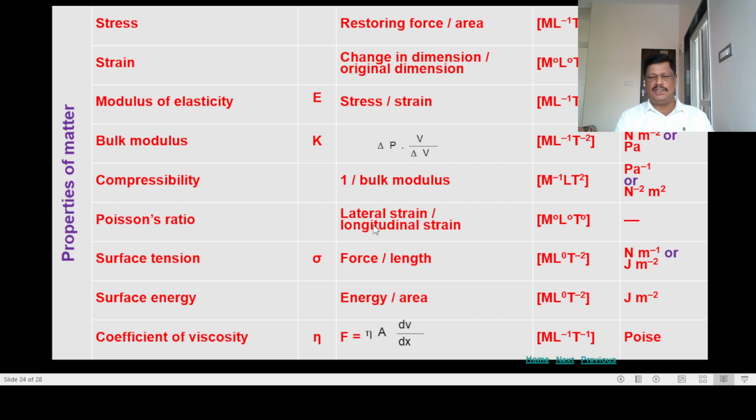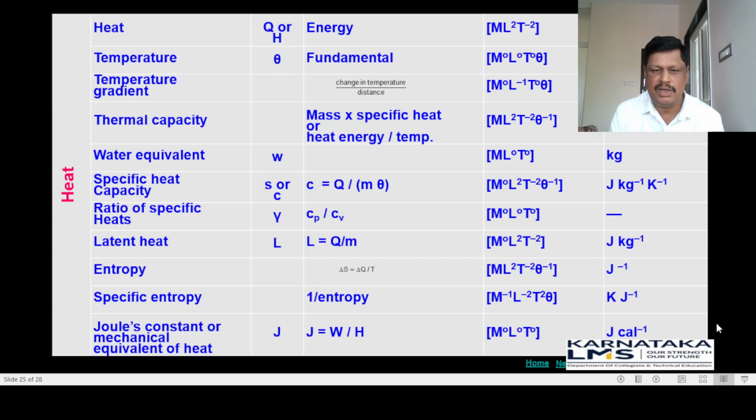Poisson's ratio is a ratio, so it has no dimensional formula or units. Similarly, surface tension, surface energy, coefficient of viscosity all have dimensional formulae and units like this. This table gives the dimensional formula and SI units of quantities coming under the chapter heat.